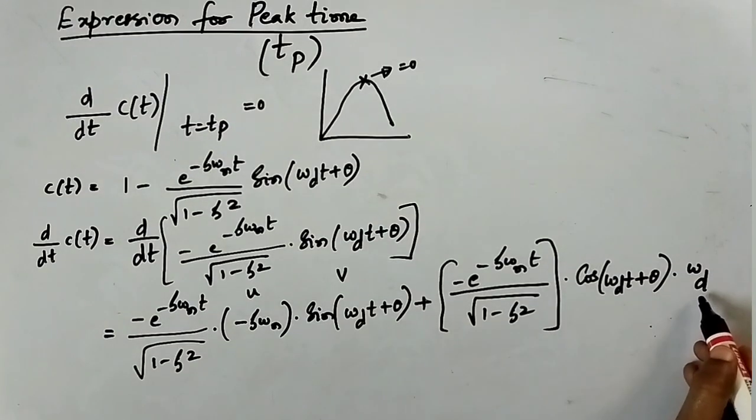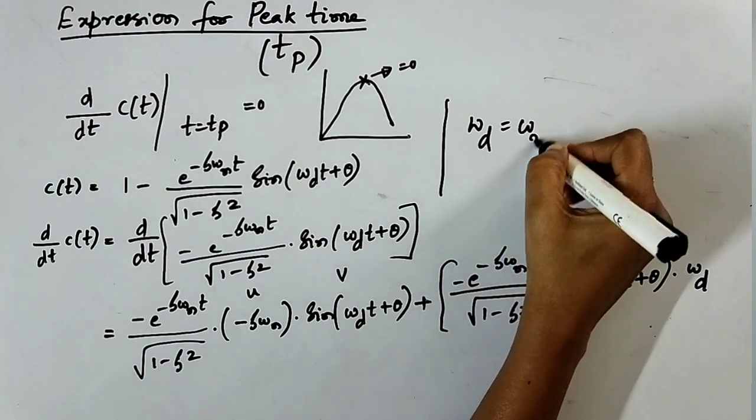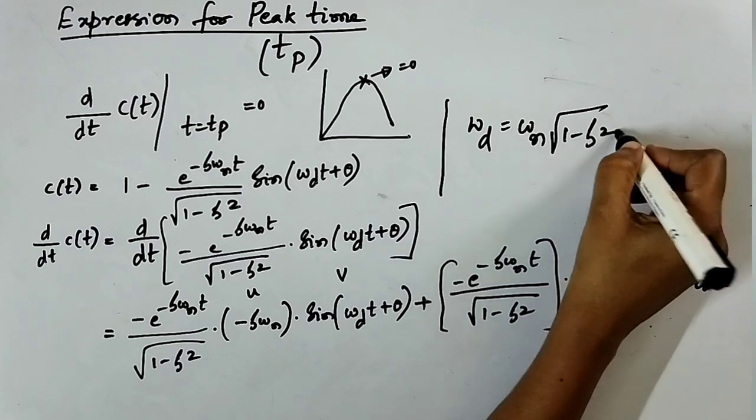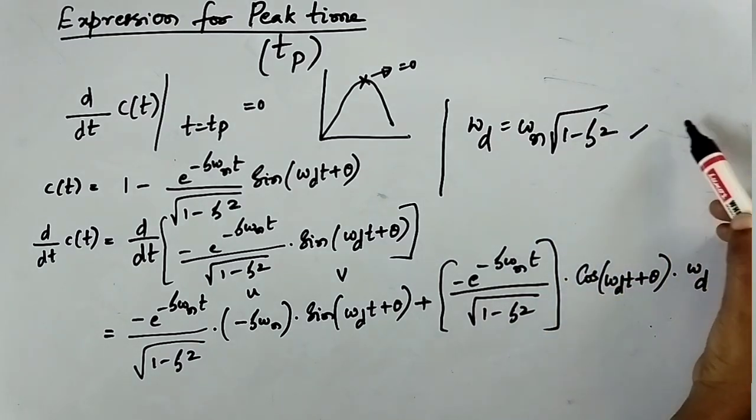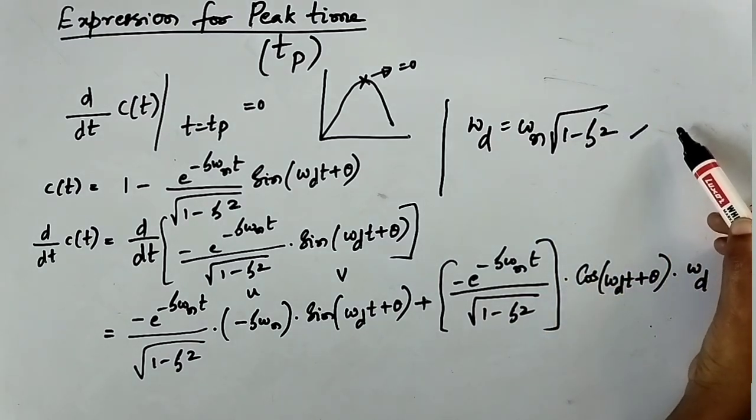Now replacing omega d with omega n into root over 1 minus zeta square, which we have found in the earlier sessions. Please check out the video there.